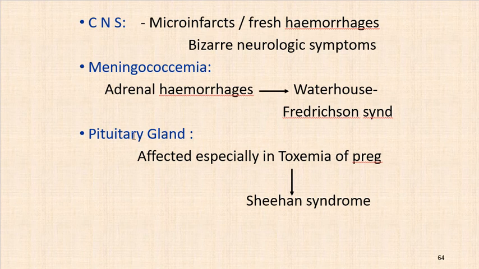If the pituitary gland is involved, especially in toxemia of pregnancy, it leads to one syndrome, Sheehan syndrome. So when the pituitary gland is involved in DIC, Sheehan syndrome may be the result.